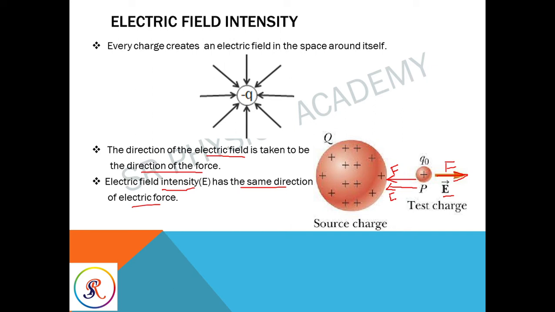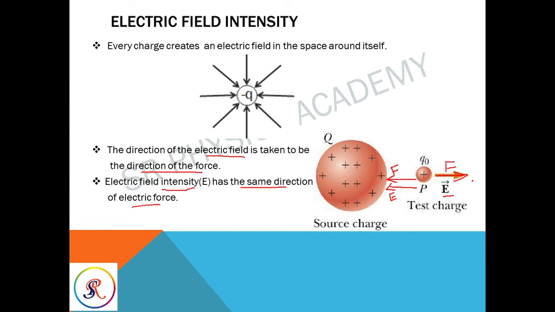Clear now? In this case, if we take two charges with the test charge positive and the source positive, it will repel, meaning the charge moves away from the source.